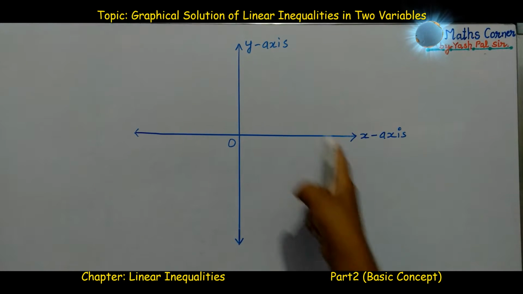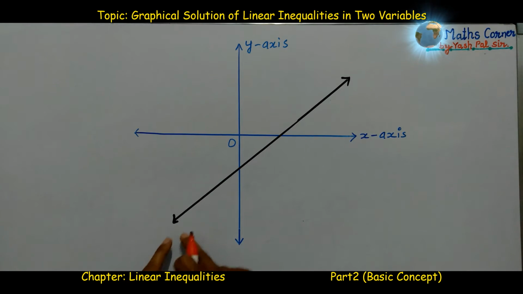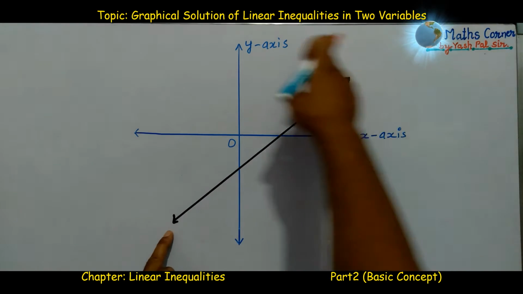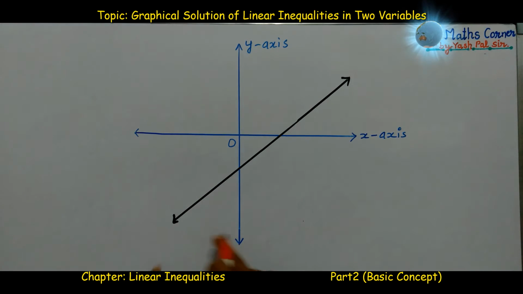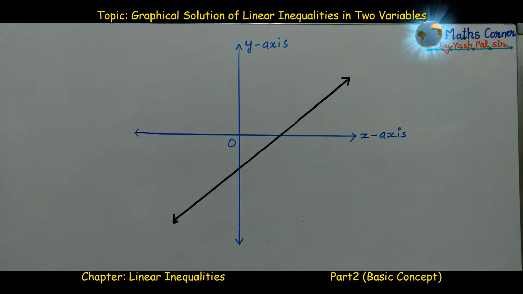Once again, the same coordinate plane, the Cartesian plane. Now we have one straight line this way. What is the contribution of this straight line in the coordinate plane? Again, this straight line is dividing the whole plane into two parts.